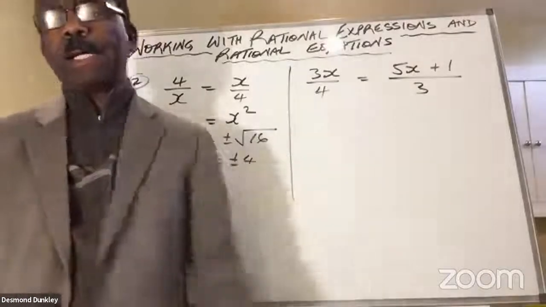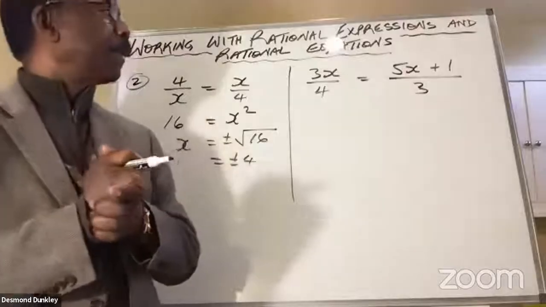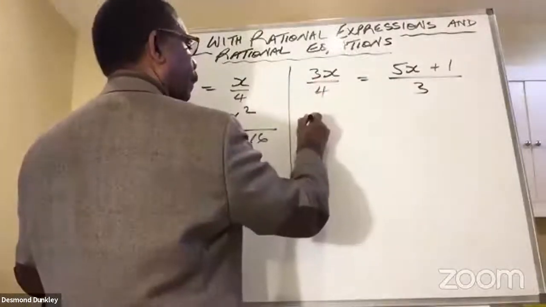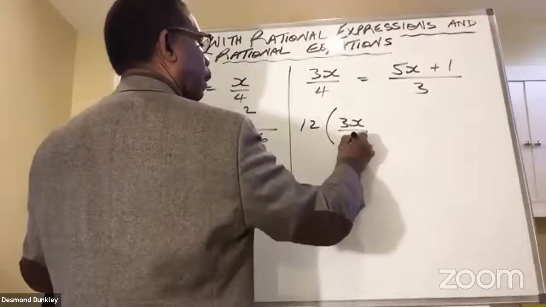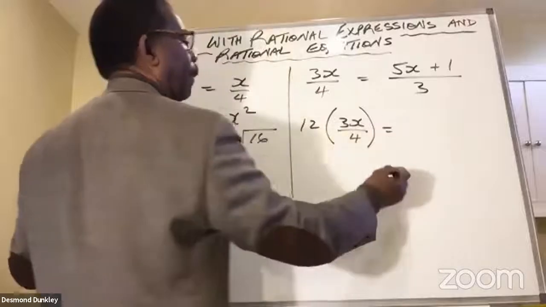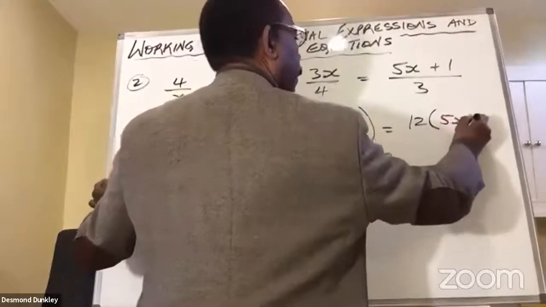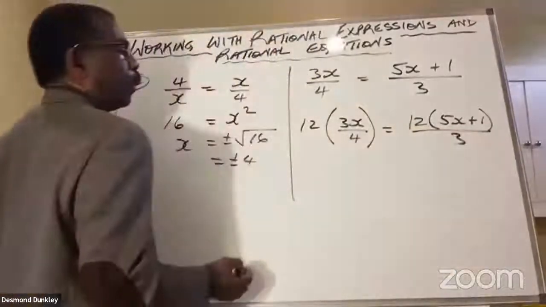With 4 and 3, the common denominator is 12. Okay, so if I multiply this side by 12, and I multiply the other side by 12, what do we end up with?